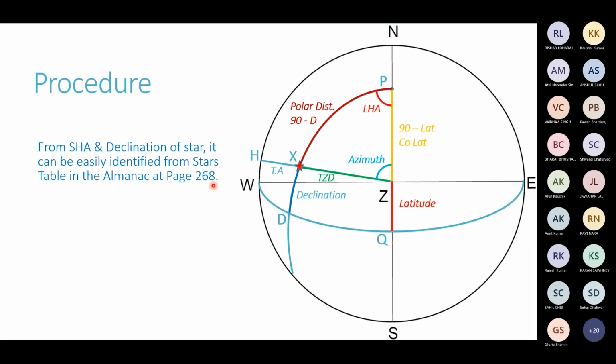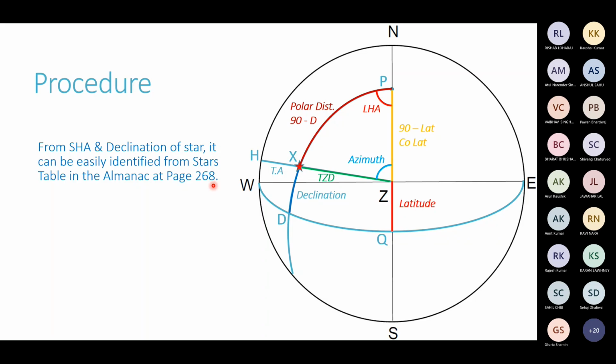And in this table, all the visible stars, all the possible stars which can be used for sight taking are listed. And they are listed in increasing order of their SHA. So starting from 000 SHA going up to 360 degrees SHA, you have the complete list of all the possible stars which can be used for sight taking.